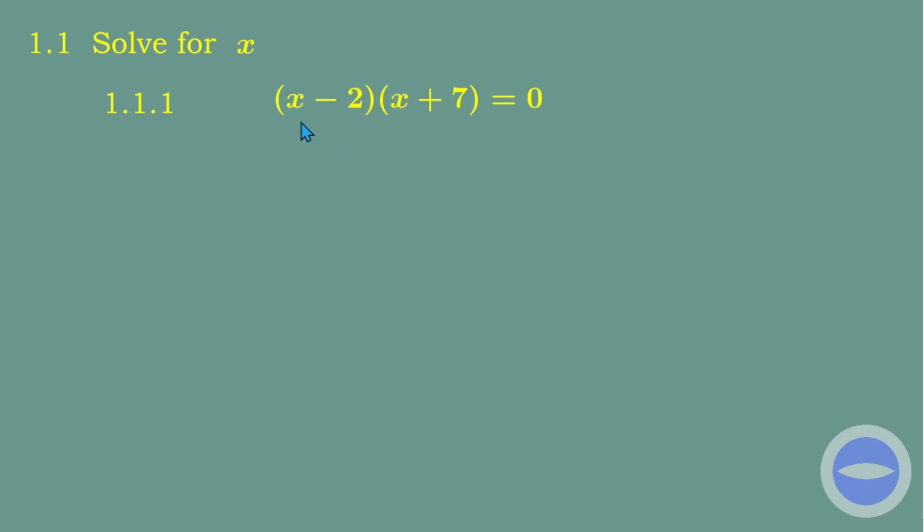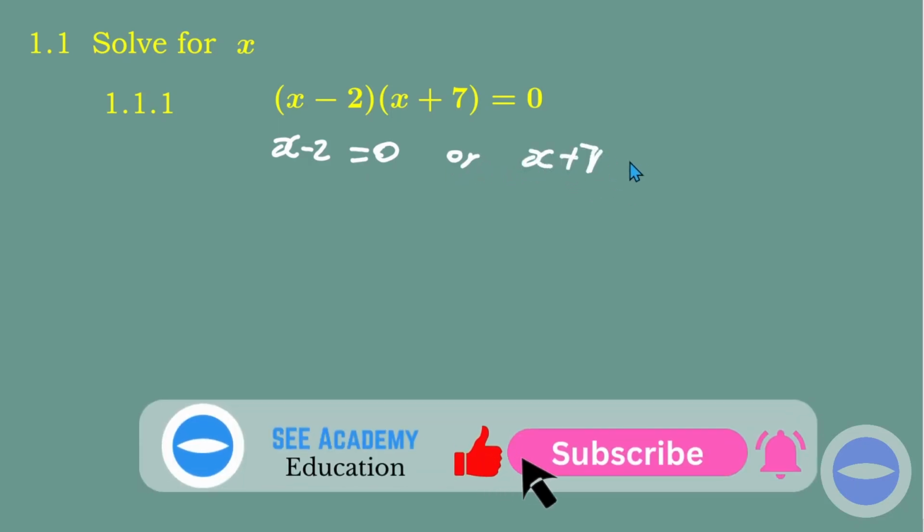If you have a question like this one, because these factors are both equal to 0, there's no need to distribute them. So we will only equate every factor to 0. So I will say x minus 2 equals 0, or x plus 7 also equals 0.